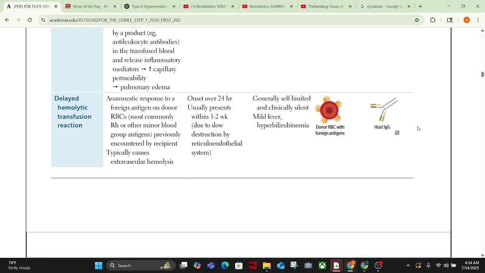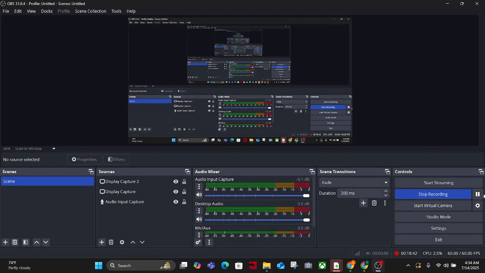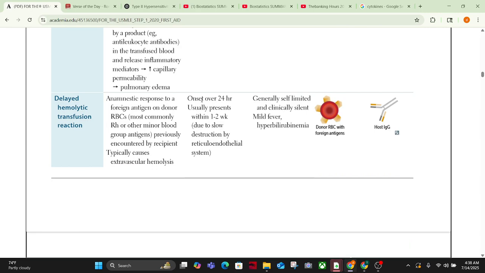Rh antigen means that there is a Rh antigen on the RBC, and Rh negative means there is no Rh antigen on the RBC. And the major antibody involved in delayed hemolytic transfusion reaction is IgG.